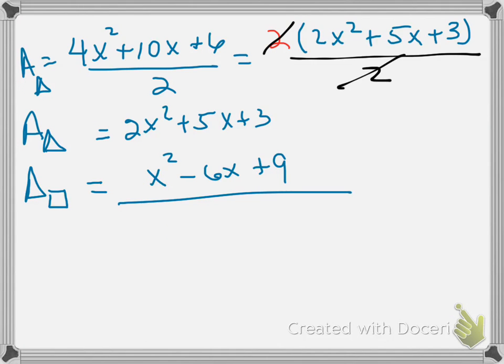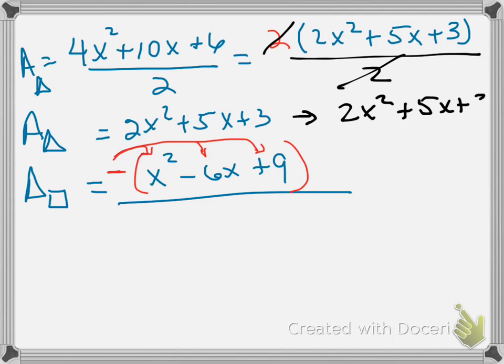Now, remember, we're subtracting them. So when I'm subtracting them, I got to subtract the negative to every term in here. So that means I'm distributing a negative to everything. When I do that, I'm going to have to rewrite this. So I'm going to rewrite this so we can see a little better. So this one is 2x squared plus 5x plus 3.